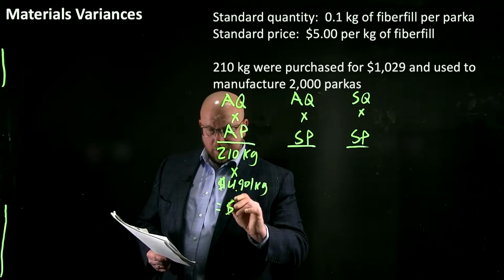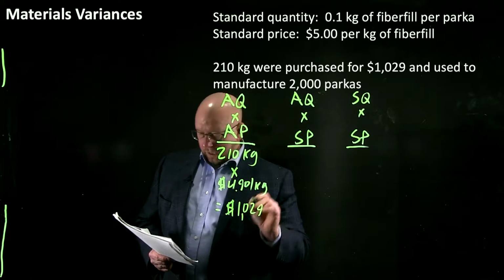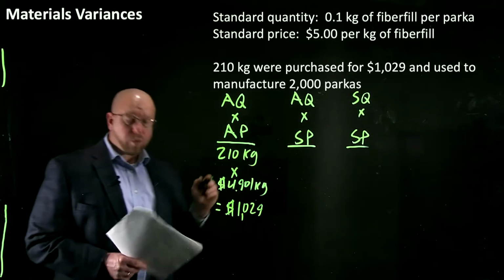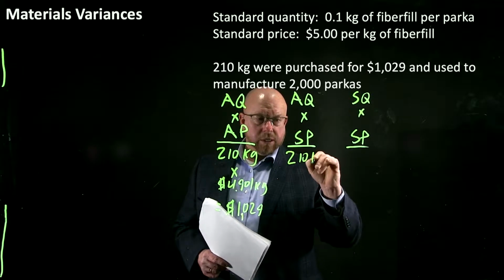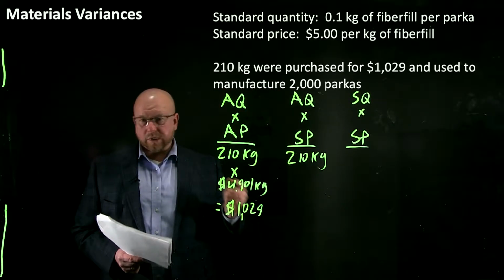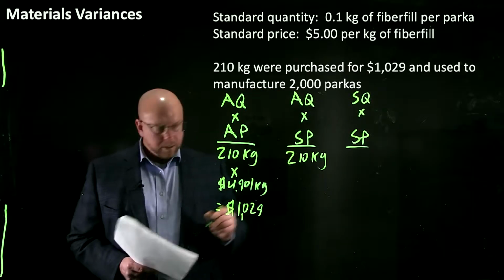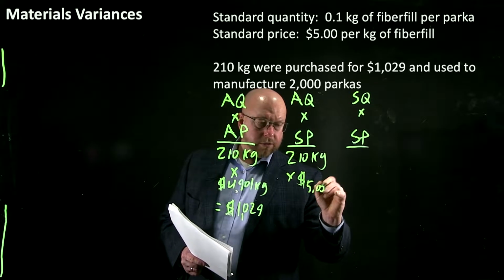And so what we're seeing here is that's $1,029. Now we go over here. We want to hold the quantity constant because we're trying to figure out the variation in the price. So 210 kilograms is what we purchased and used. And the standard price is $5 per kilogram.